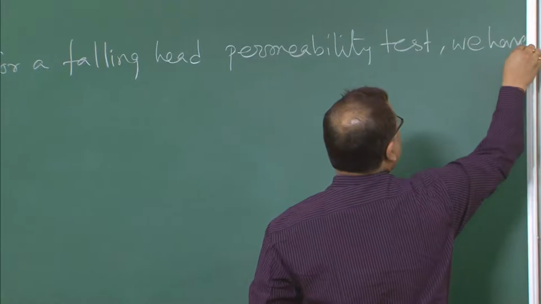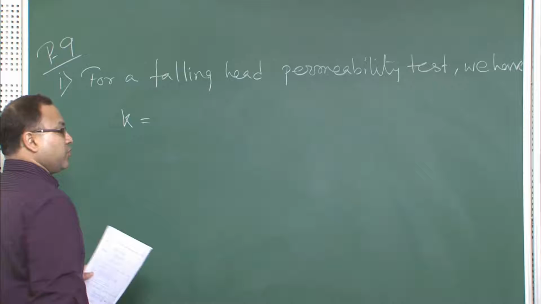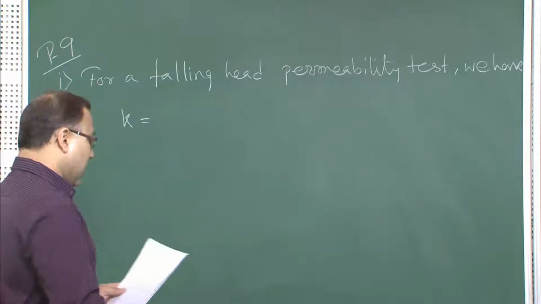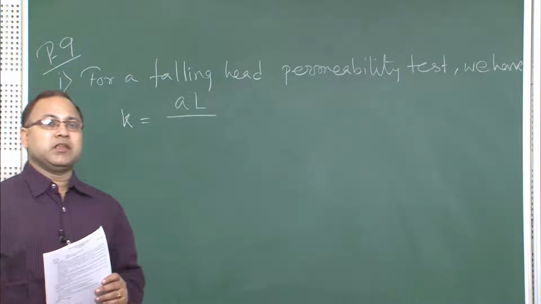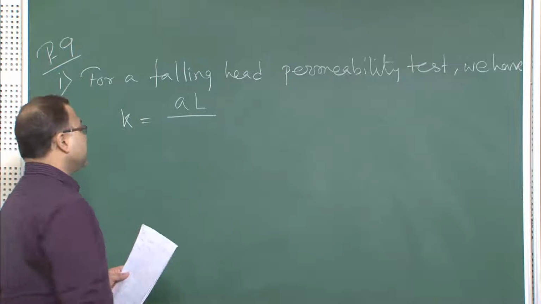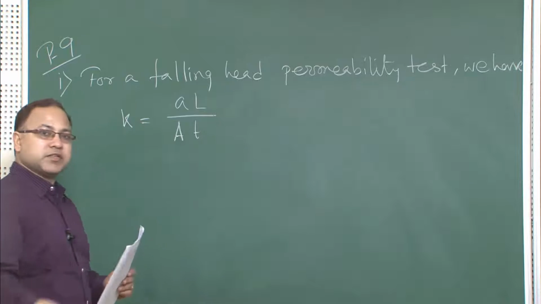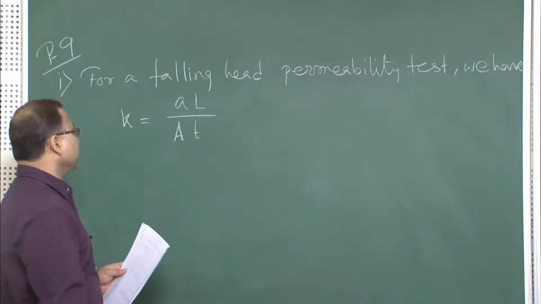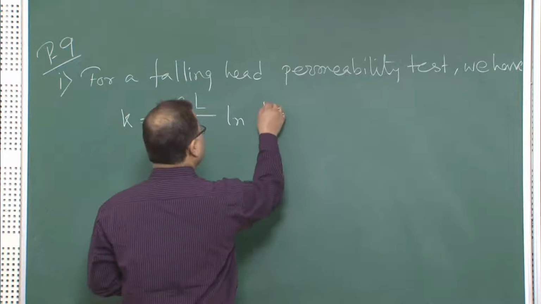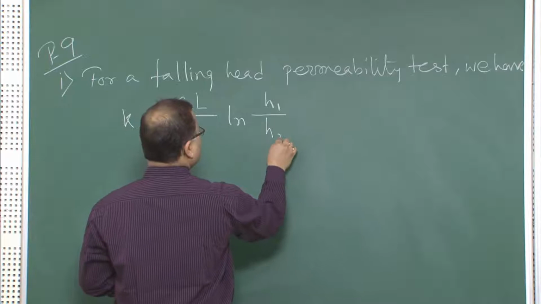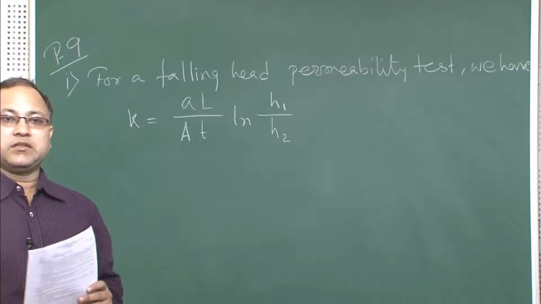we know from our theory, whatever we have covered in the lecture, that K, the coefficient of permeability or the hydraulic conductivity, is expressed as a into L, where small a is the cross sectional area of the standpipe and L is the sample length, divided by capital A into t, where capital A is the cross sectional area of the soil specimen and t is the time, into log base e of H1 by H2, where H1 is the initial head and H2 is the final head.